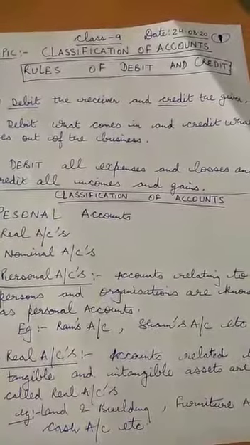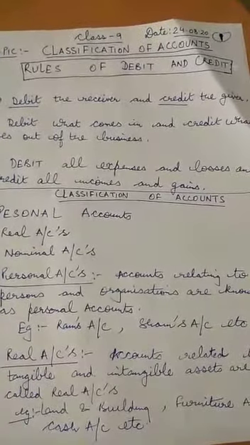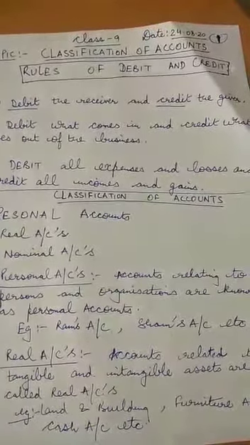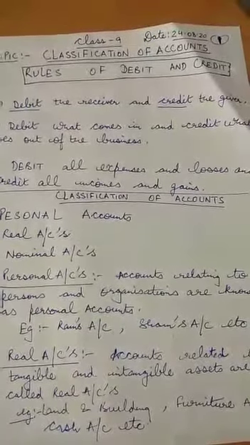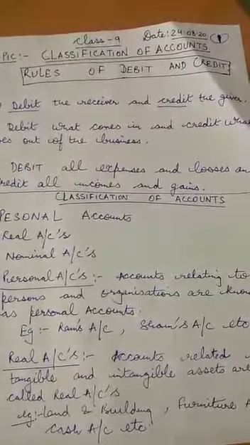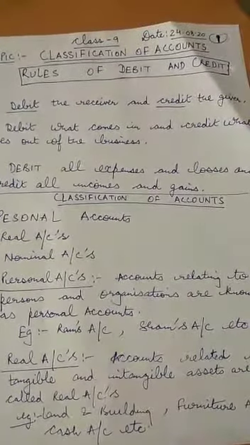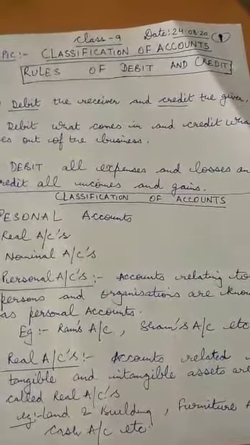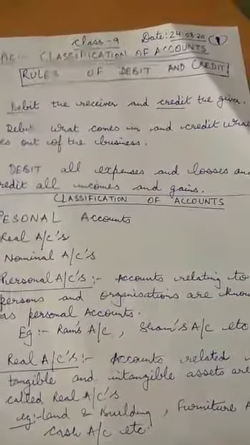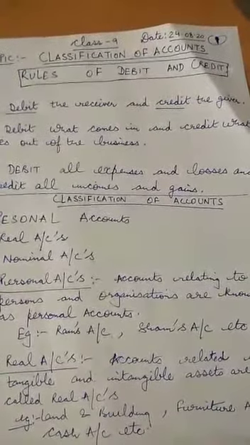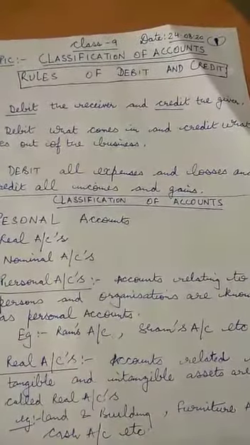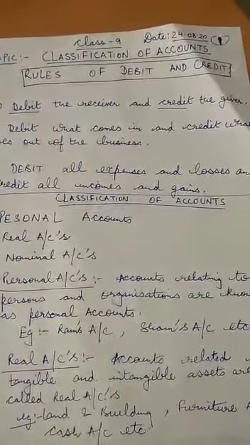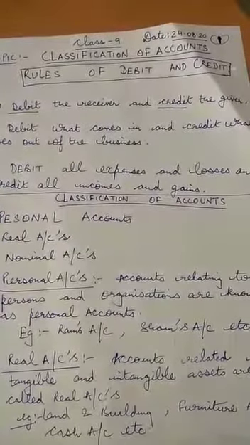So furniture account, children, will be debited and cash account will be credited because for buying the furniture we are spending cash. Again, coming to the rule, children, we mentioned in the real account that debit what comes in. So in this case, furniture was coming into the business as an asset and cash was going out to buy that asset. So we will credit it.